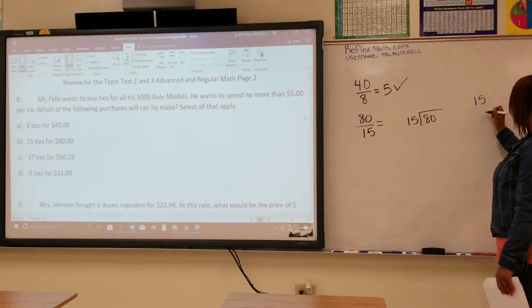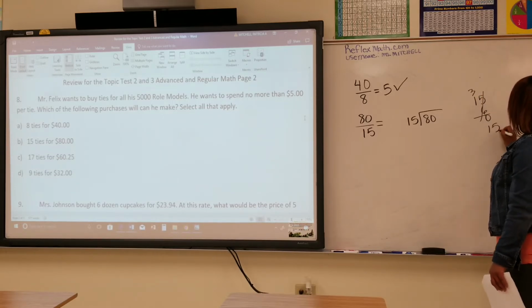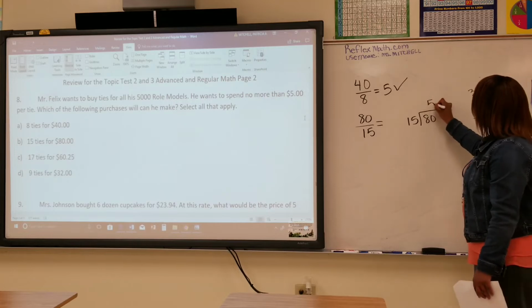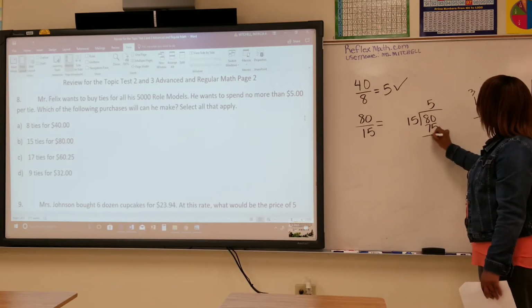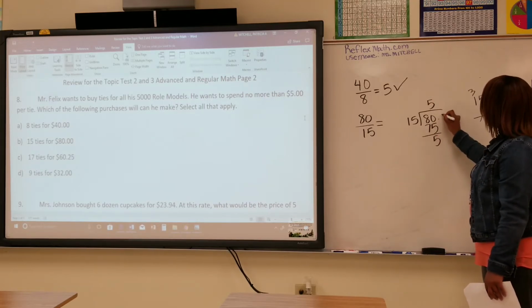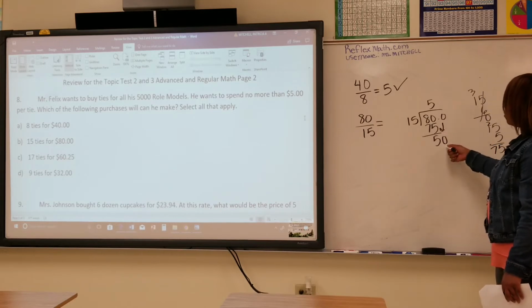So 6 times 5 is 30. 6, 7, 8, 9. Too much. 15 and 5. 5 times 5 is 25. 5, 7, 75. So 5 and then 75, and then that's 5 left over. Uh-oh, we're getting a remainder.